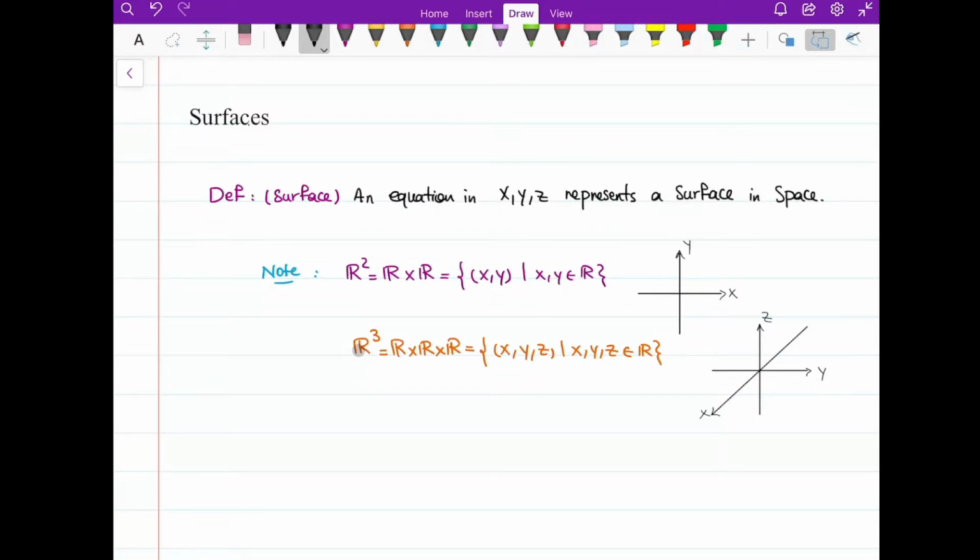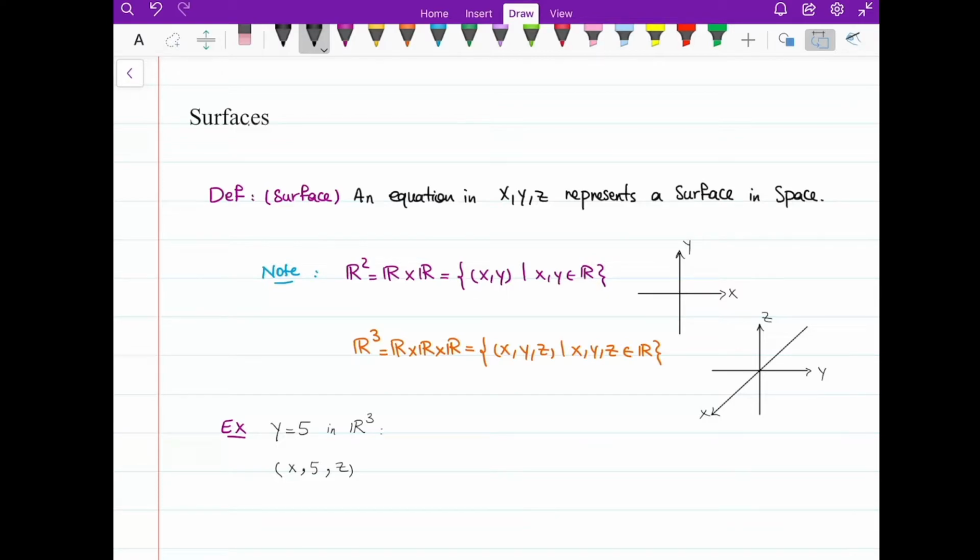Let me give you an example of a surface. Look at y equals 5. What is that? y equals 5 is the set of all the points where the second coordinate is equal to 5. So x is free. x can be any real number, but y is 5 and z is also free. z is also all real numbers in R3.